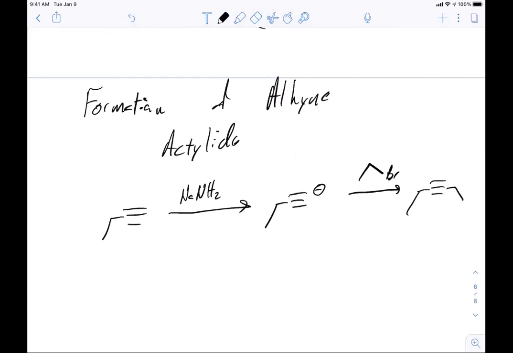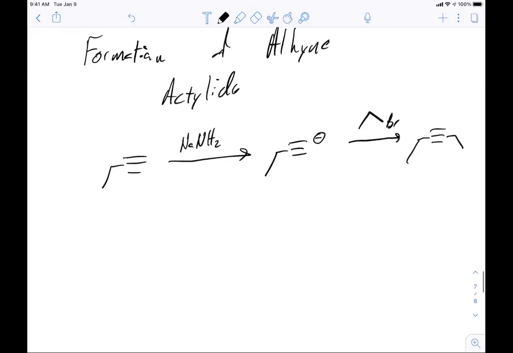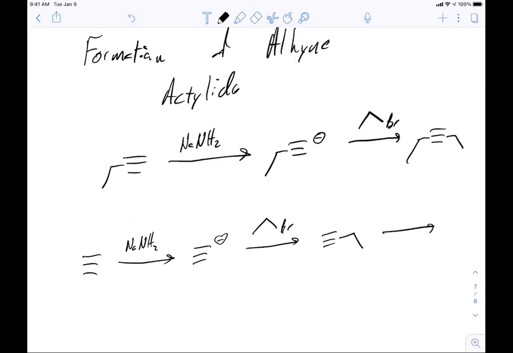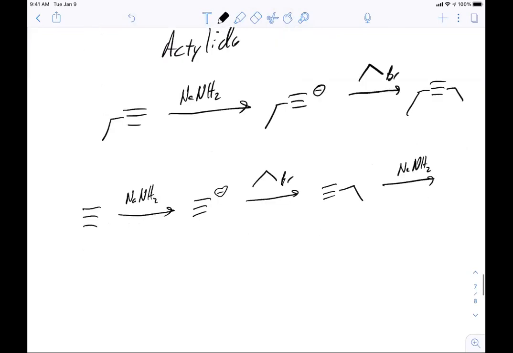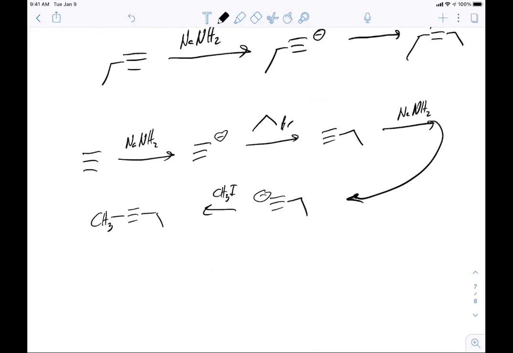So this is something we saw with substitution reactions. We can do that in multiple steps. So we can build up an alkyne, starting with the acetylide.